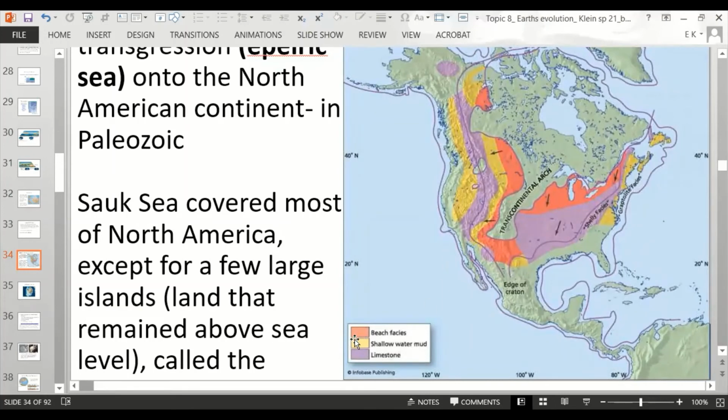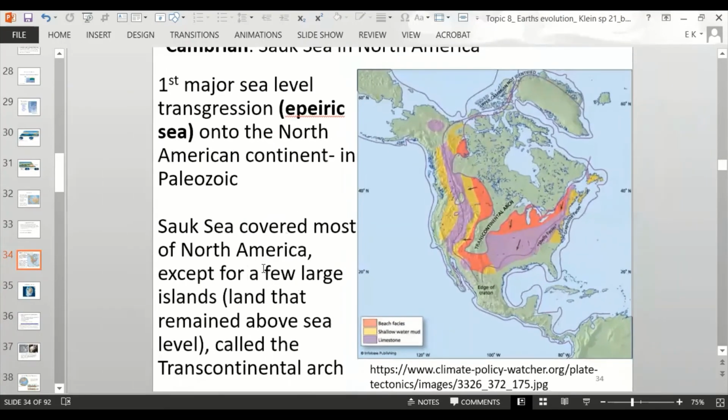So the shallow water mud would be shale today, for example, maybe some siltstone type rocks. The limestone, you see extensive areas of purple. So that means today we should find large areas of limestone rock in those areas. Okay, and beach is more going to be like sandstone, for example.